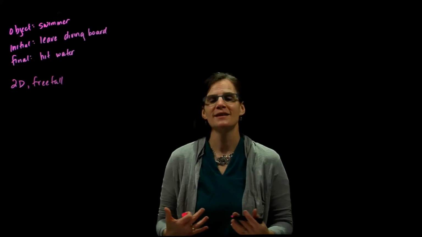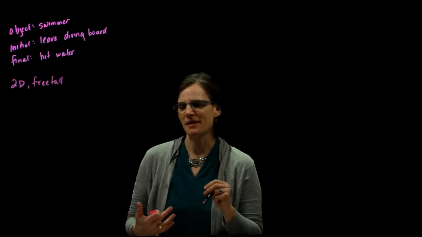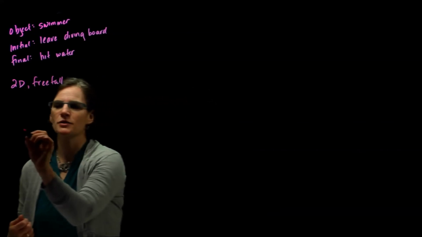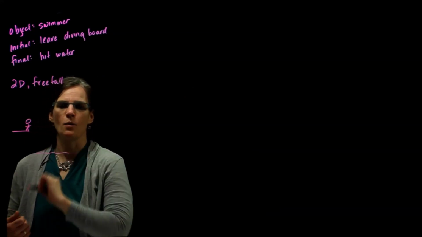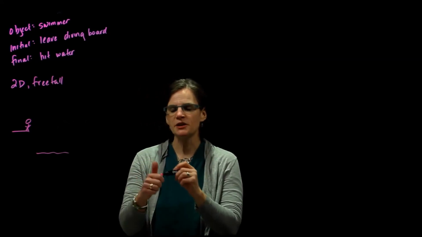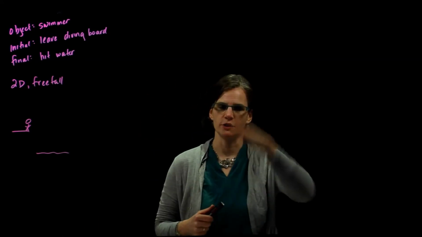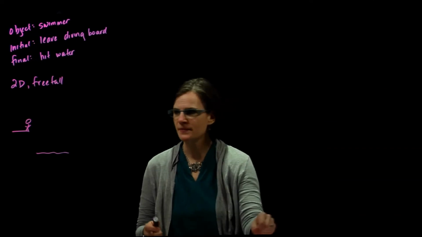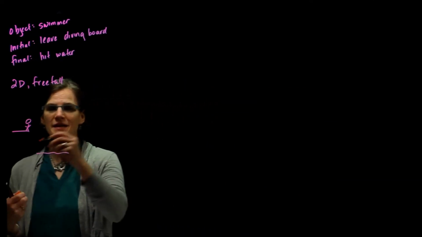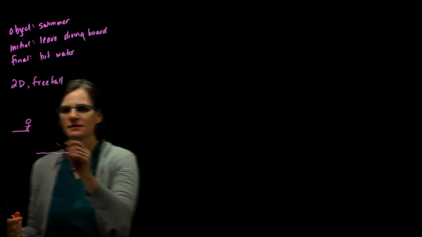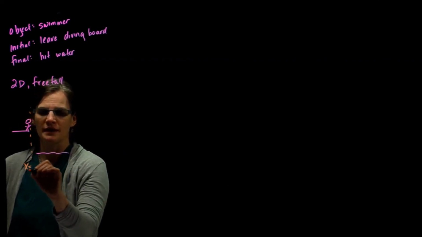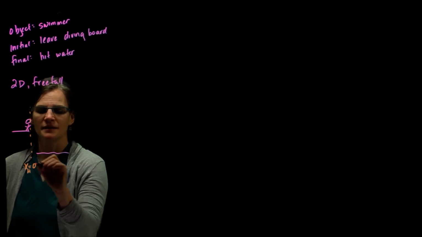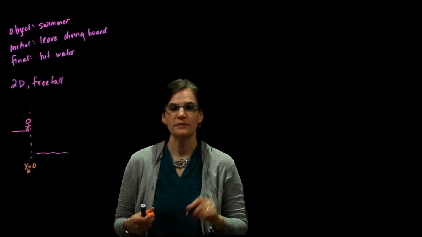Okay, now we have to define the world. Draw our picture, set our origins. And I made that plural. We have to be thinking about two. So here's our swimmer, the end of a diving board. Here's the water below. We need to define both the vertical origin and the horizontal origin. Horizontally, that's dividing the world into lefts and rights. Let's set our horizontal origin at the end of the diving board.